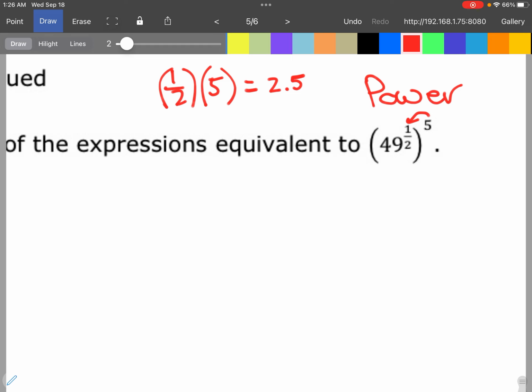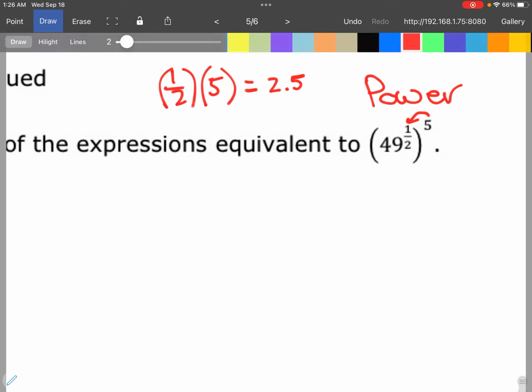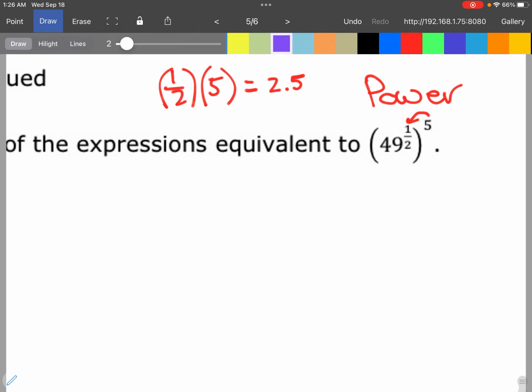In reality, when you're multiplying a fraction with a whole number, the only 2 numbers multiplying are this whole number and the number up top. So realistically, I would leave it as 5 over 2. Only the 1 and the 5 are multiplying.